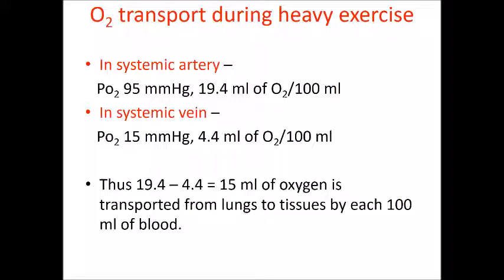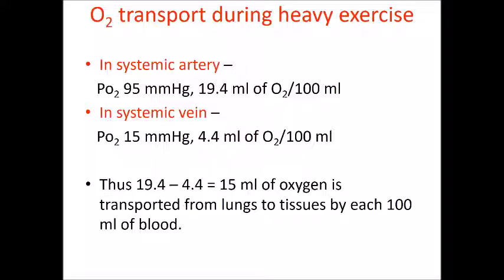This is the lowermost point, and therefore the amount of oxygen in the blood will also drastically reduce. In normal resting condition it was 14.4, but here it will be 4.4 ml only in 100 ml of blood.